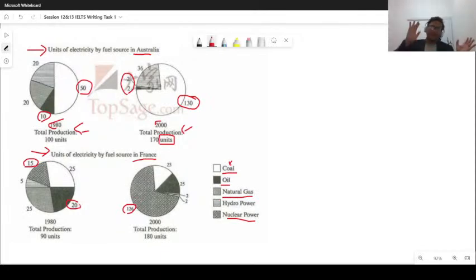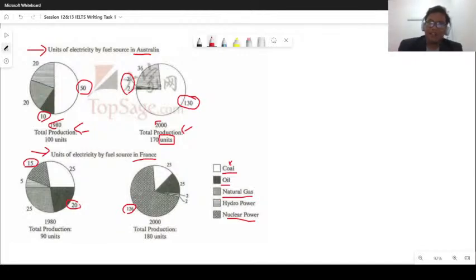So in the year 2000, the dominant unit is natural gas. Compared to the 1980s, 20 years ago, there isn't actually one single dominant fuel. Coal and natural gas have the same number of units.